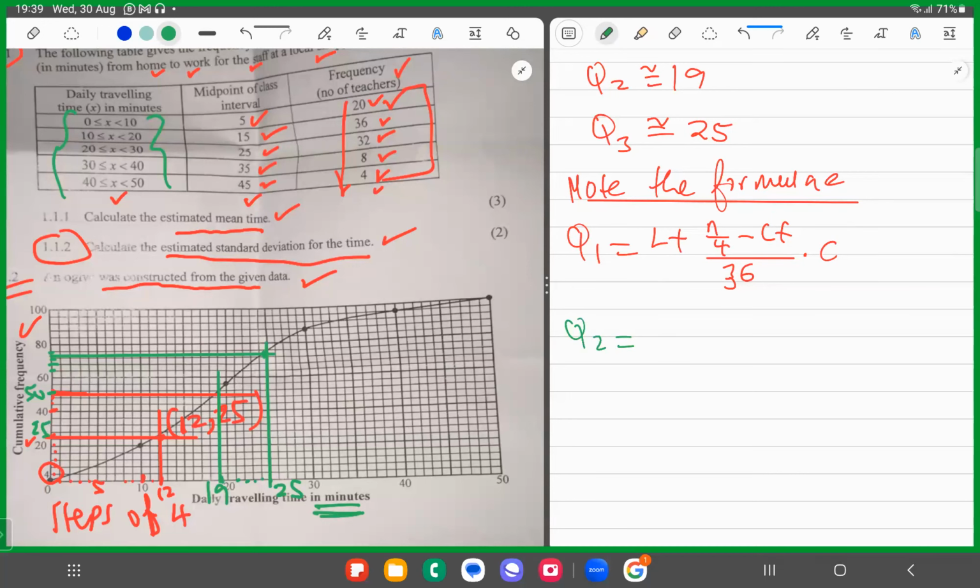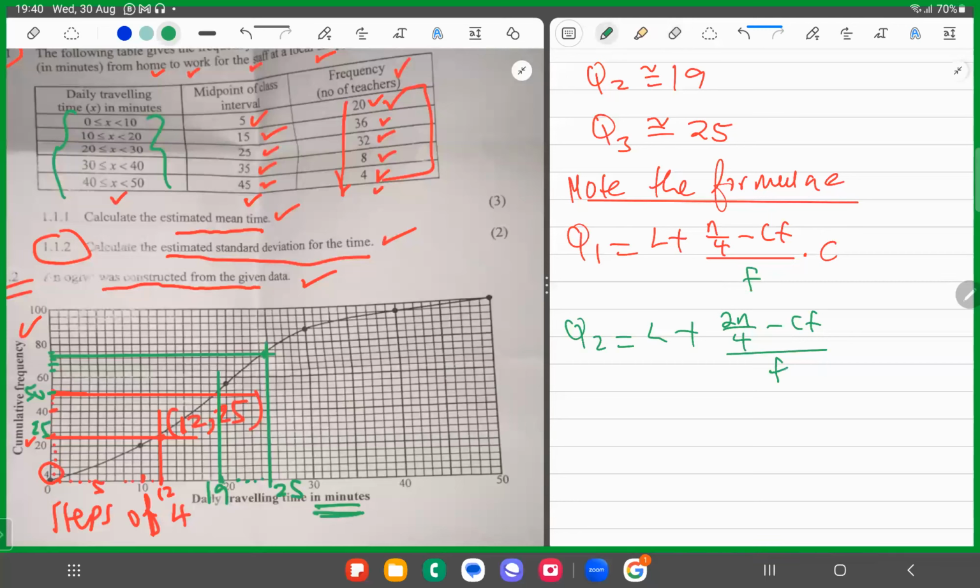The formula for finding Q2 is L plus 2n over 4 minus CF divided by the frequency, multiplied by the C value.